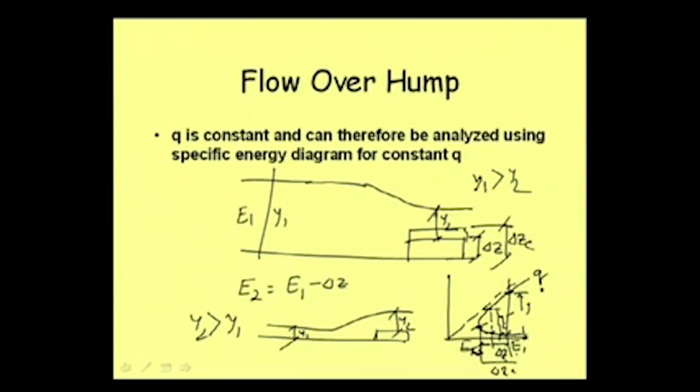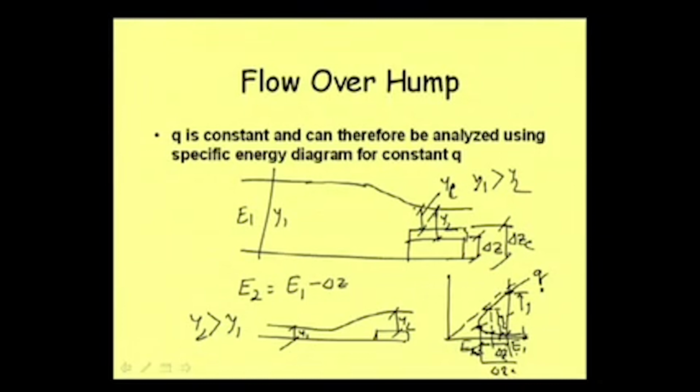Then the flow depth here will become Yc. Now, the condition is that if we further raise the hump, then what will happen? This energy level cannot accommodate a delta z greater than that.